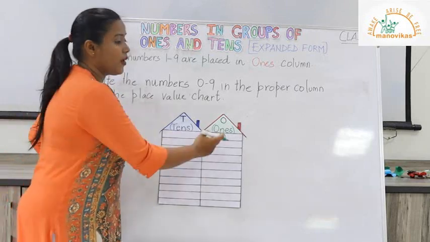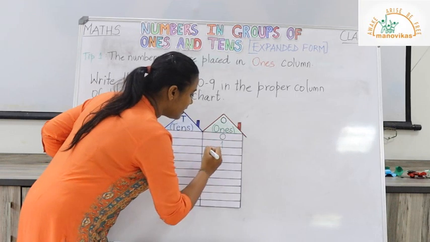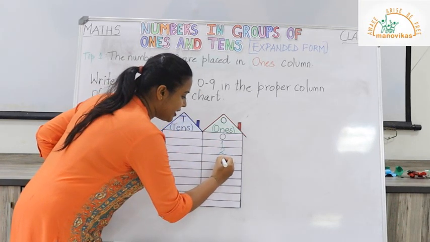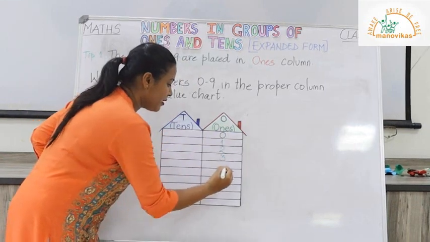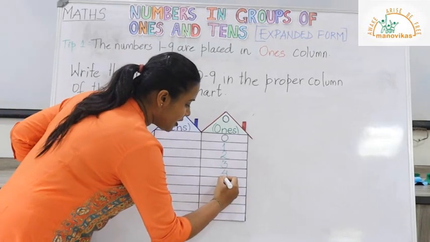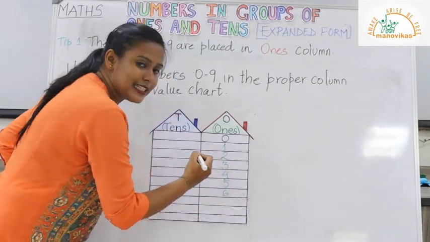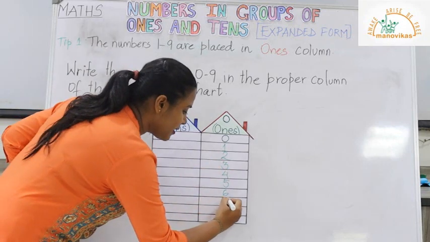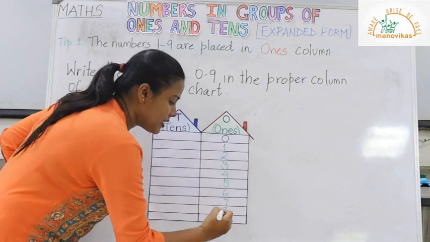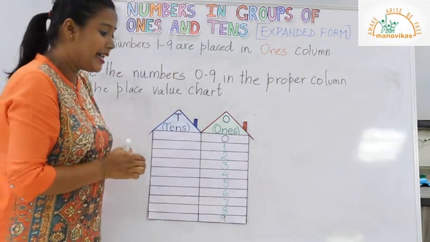So let us write. We have 0, then we have 1, then we have 2, next we have 3, then we have 4, 5, 6, 7, 8, and finally the last number in the family of ones is 9.